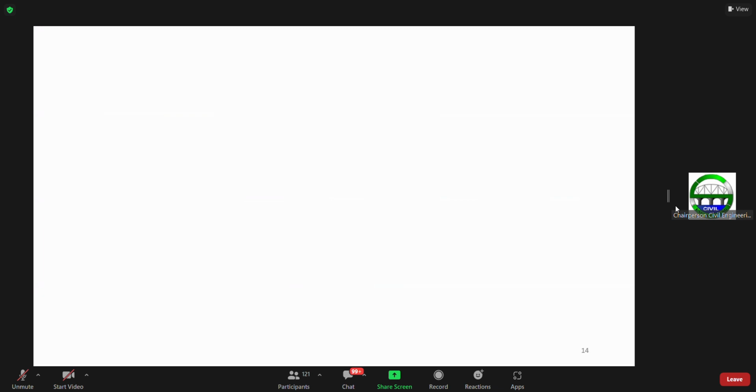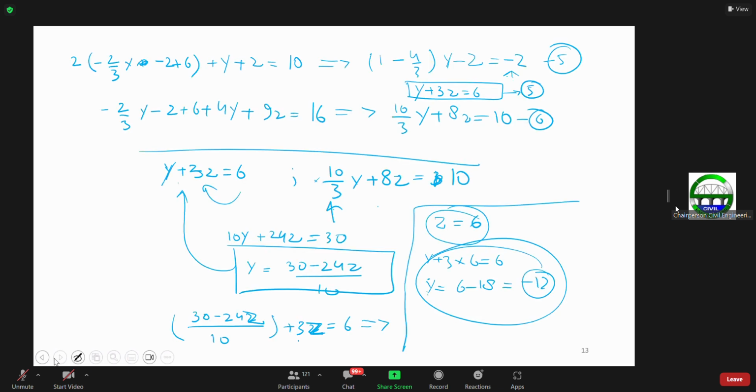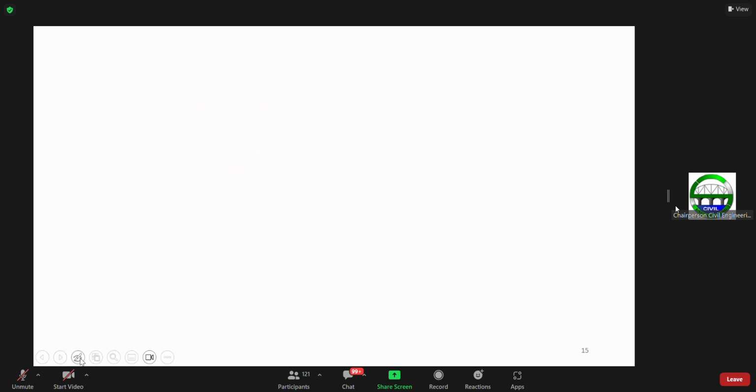Okay, so in the other example, we have equations like 10x plus 2y plus z is equal to 9.